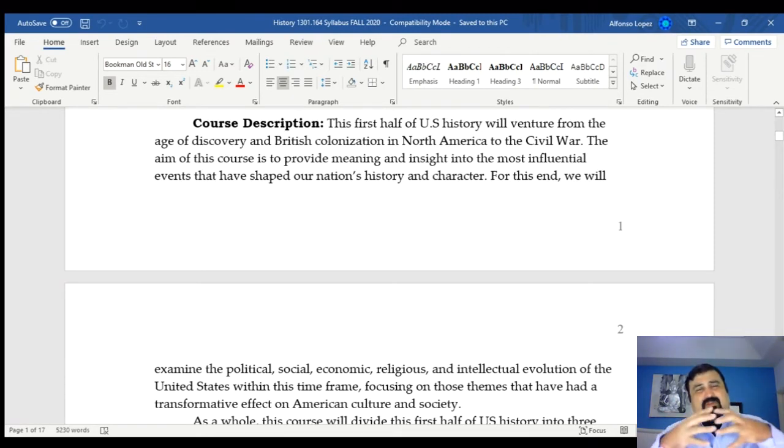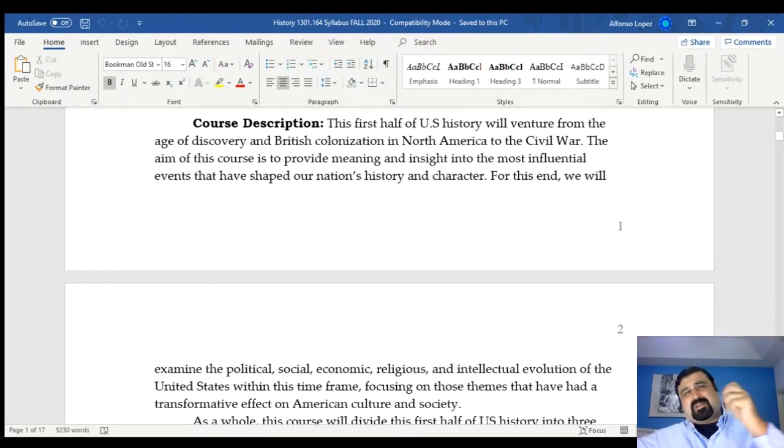We're going to be looking at the discovery of America, the process of the conquest of the Native American empires, like the Aztecs, for example, very briefly, and the Incas of Peru as well in South America. And also, we're going to be looking at the process of European colonization of the Americas in the 1500s and 1600s.